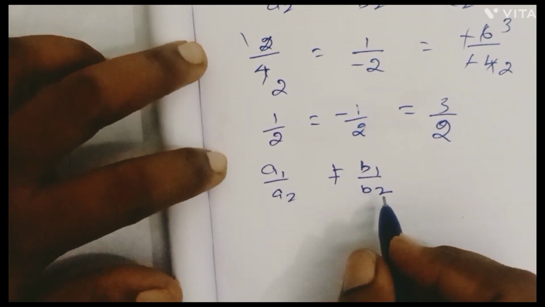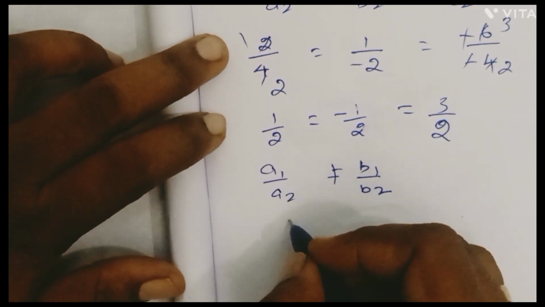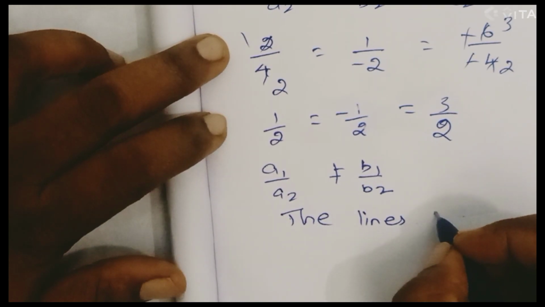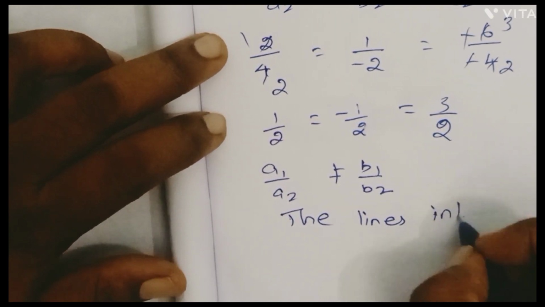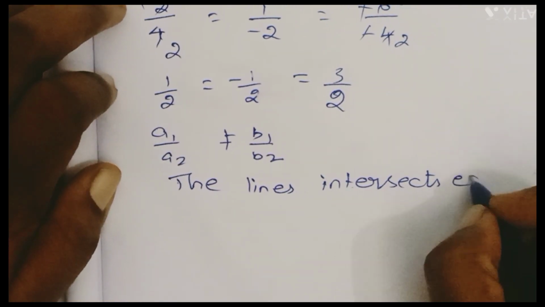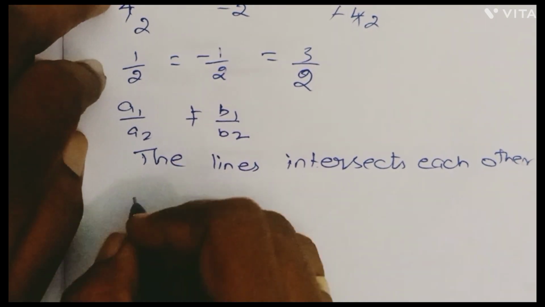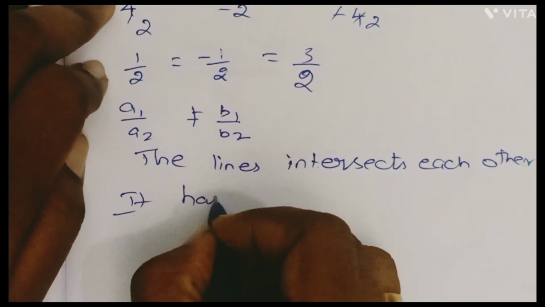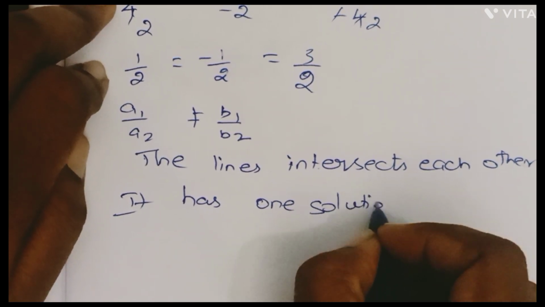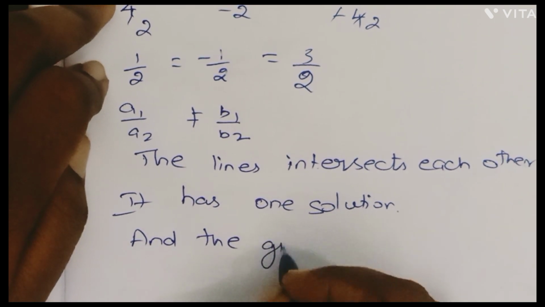We can conclude that the lines intersect each other. And what about the solution? It has exactly one solution. It has one solution and the two lines are consistent.